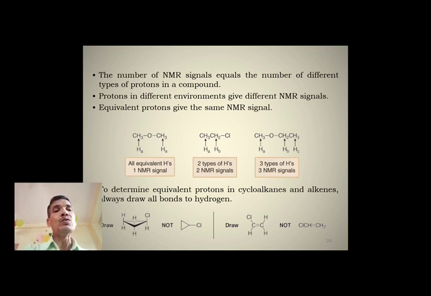Out of these 2, one hydrogen atom is cis position to chlorine and another hydrogen atom is at trans position to chlorine atom. Therefore, in this molecule, the 3 hydrogen atoms are not equivalent. They show 3 different sets of protons, and therefore chloroethene shows 3 signals in NMR spectrum.